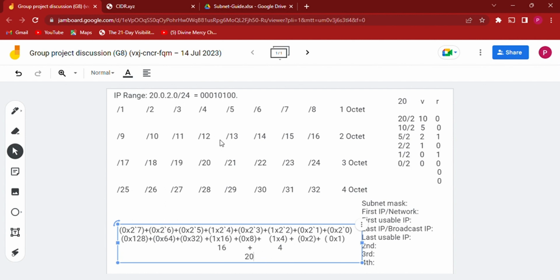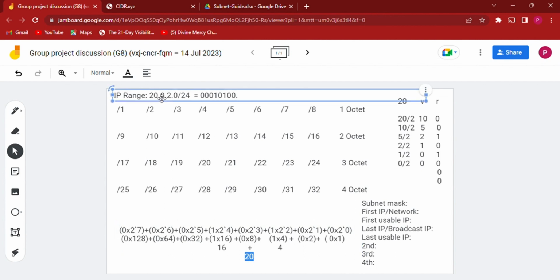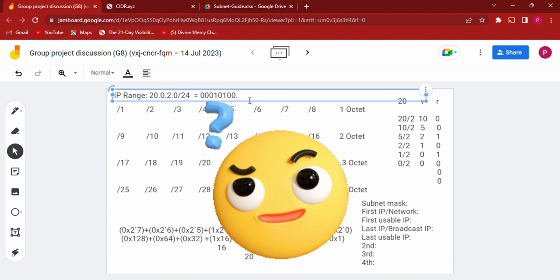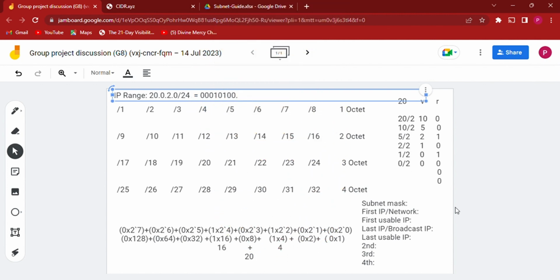Which means this base 2 that we got by calculating like this is right, because this is the base 10 form, and that is what we have in our IP range, 20 over here. As we were getting zeros over here, you get 0, 0, 0, 0, 0 throughout. So you can just put the zeros there.